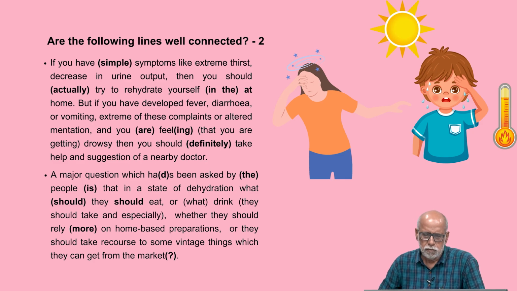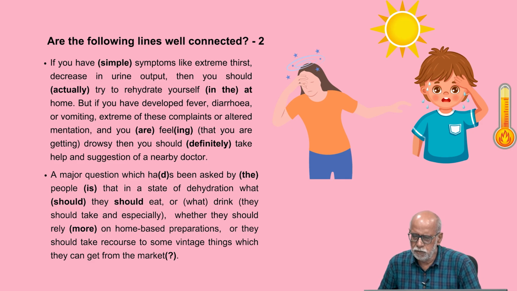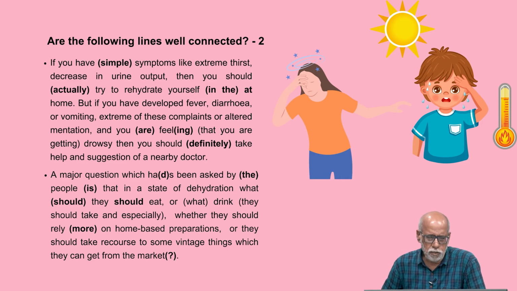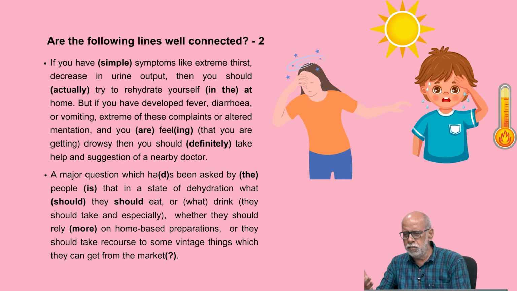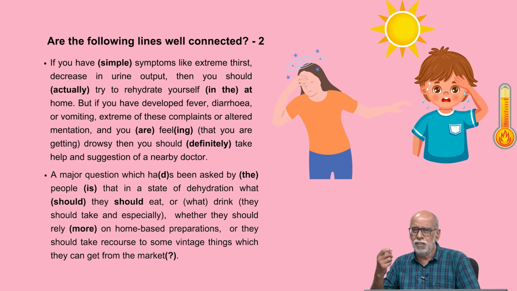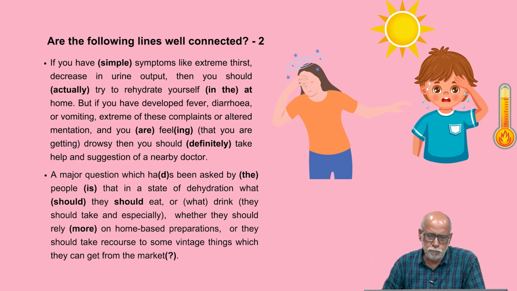So you can say, "if you have symptoms like extreme thirst, decrease in urine output, then you should try to rehydrate yourself." No need for "actually." "In the home" may not be wrong, but it's jerky; that is not the appropriate preposition. The appropriate preposition is "at home."